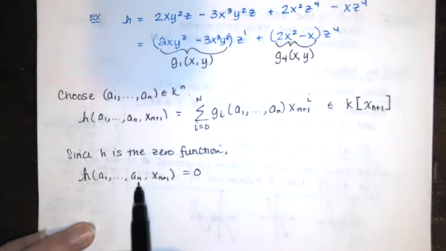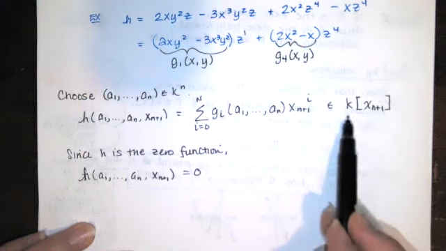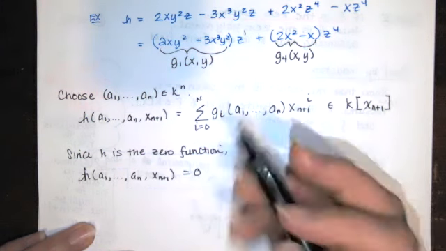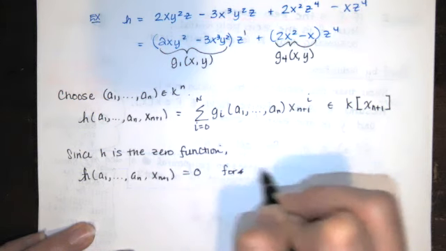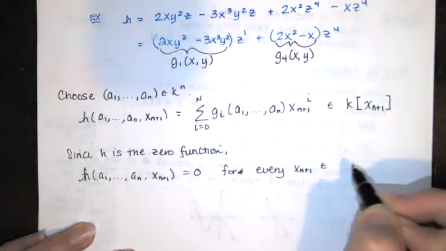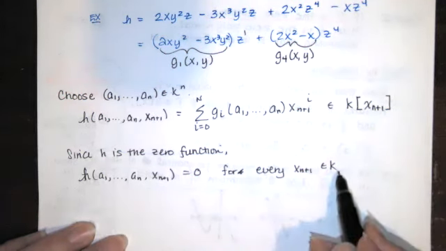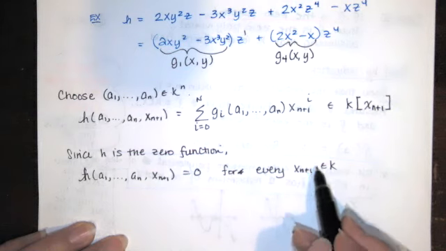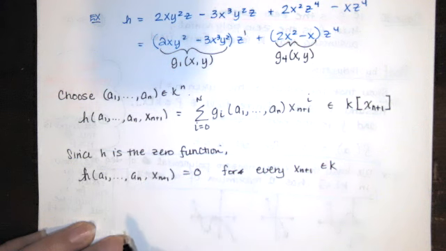Now we have this function of a single variable, which is a function in this polynomial ring here. That's equal to 0 for every x sub n plus 1 in k. And remember, k is an infinite field. So for infinitely many values of x, we're getting 0.